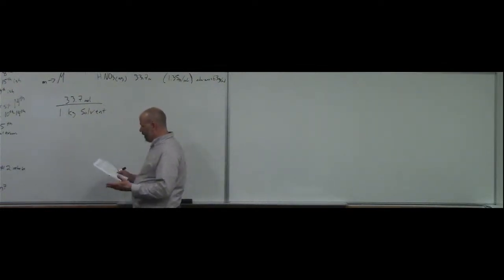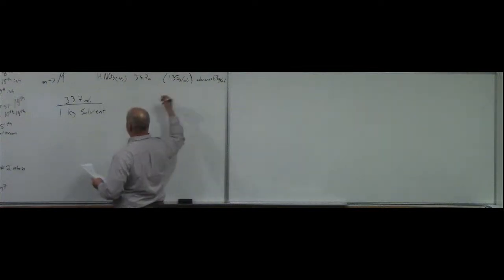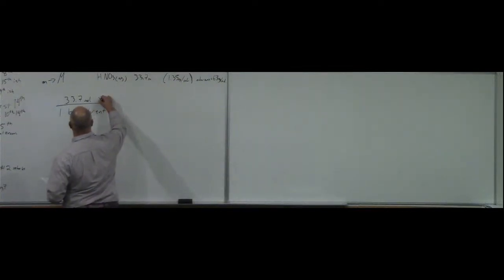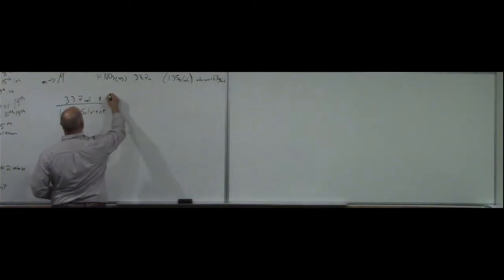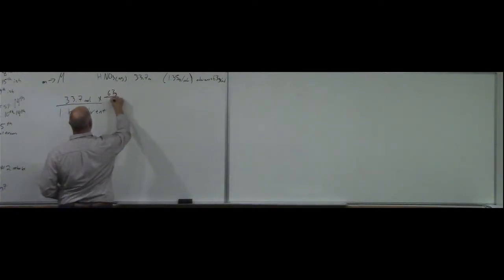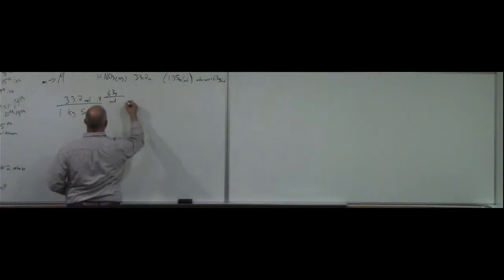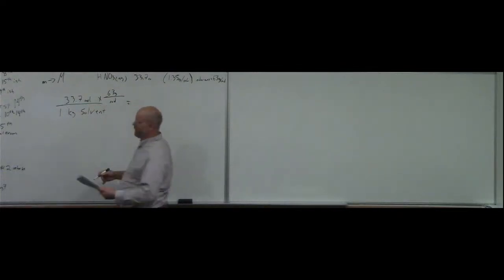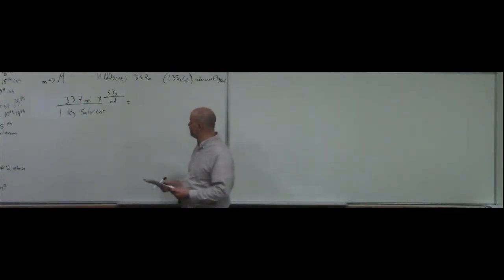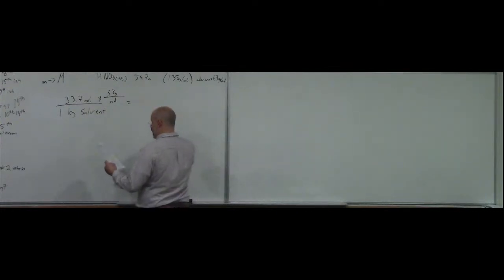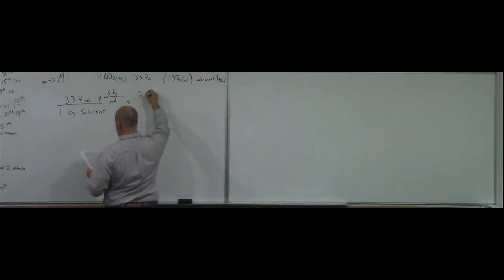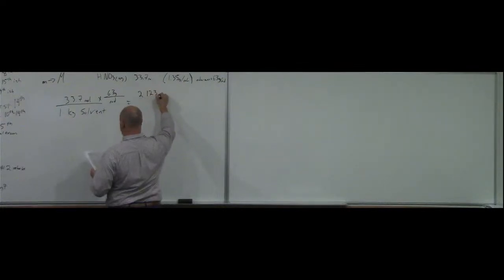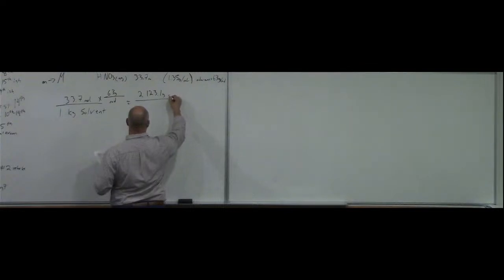So we're going to use our molar mass right away, times 63 grams per mole. Moles will cancel, and so when I multiply 33.7 times 63, it's going to give me 2,123.1 grams of solute per 1 kilogram of solvent.